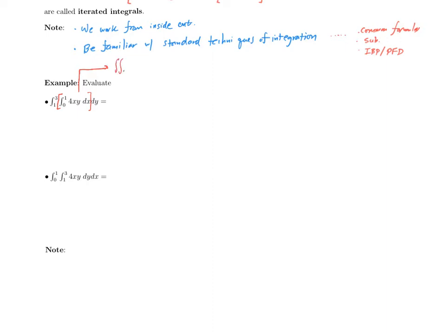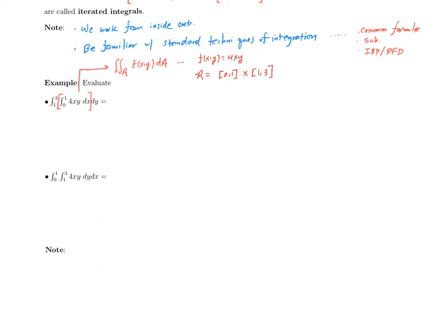We can really think of this as being a double integral over a rectangle, so something of the form notationally, the double integral over R of a function f dA, where in this case, the function of two variables we are considering is 4xy, and the rectangle we are considering is 0 to 1 in the x direction and 1 to 3 in terms of y values.